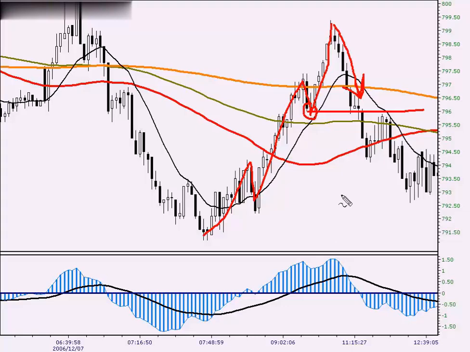But another approach you can do is you can say, well, I'll use my stop here at the, not the swing low of price, but of momentum. And that gets me out a little earlier. It will get me out about here.